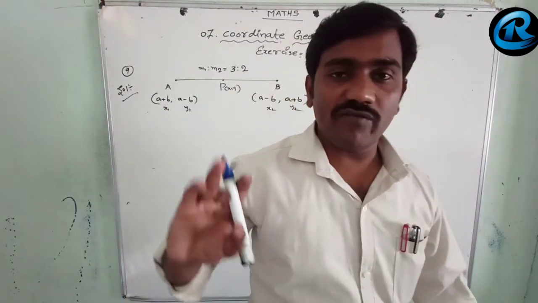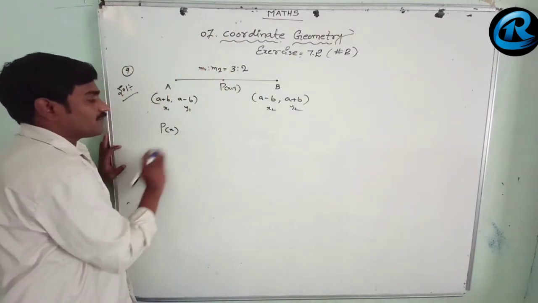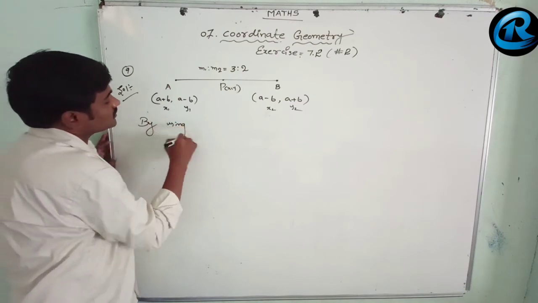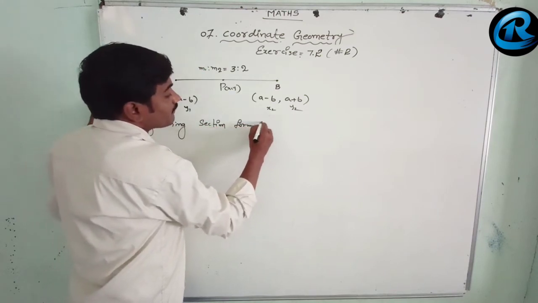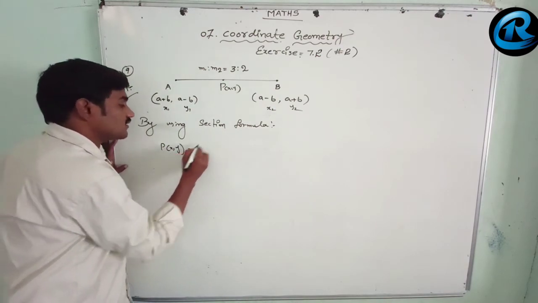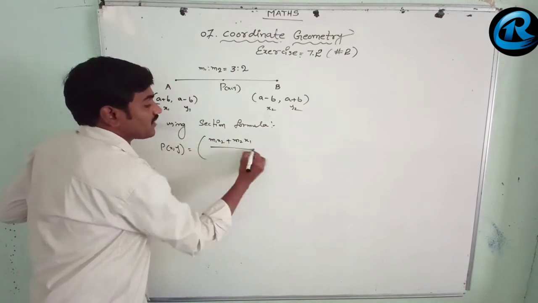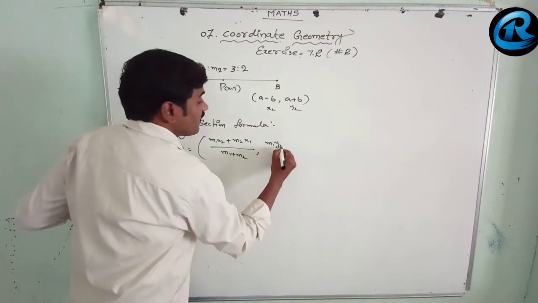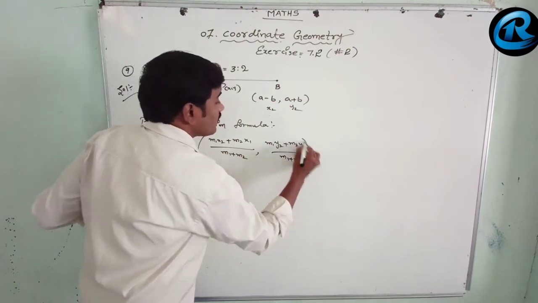Now we got all this. By using the section formula we can find the point P x comma y. So let's go for that. By using the section formula, P x comma y is equal to (m1 x2 plus m2 x1) by (m1 plus m2), comma (m1 y2 plus m2 y1) by (m1 plus m2).